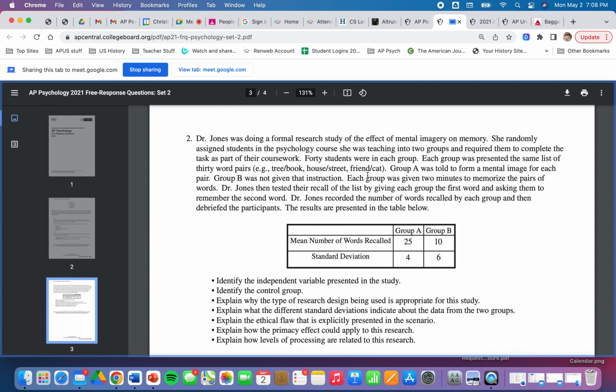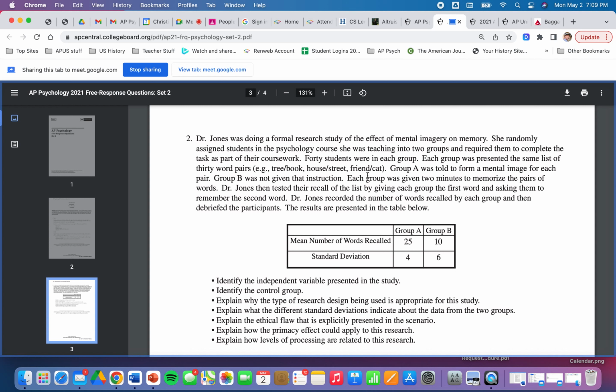Group A was told to form a mental image for each pair. Group B was not given instructions. Each group was given 2 minutes to memorize the pairs of words. Dr. Jones then tested their recall of the list by giving each group the first word and asking them to remember the second word. Dr. Jones reported the number of words recalled by each group and then debriefed the participants. The results are presented in the table below.